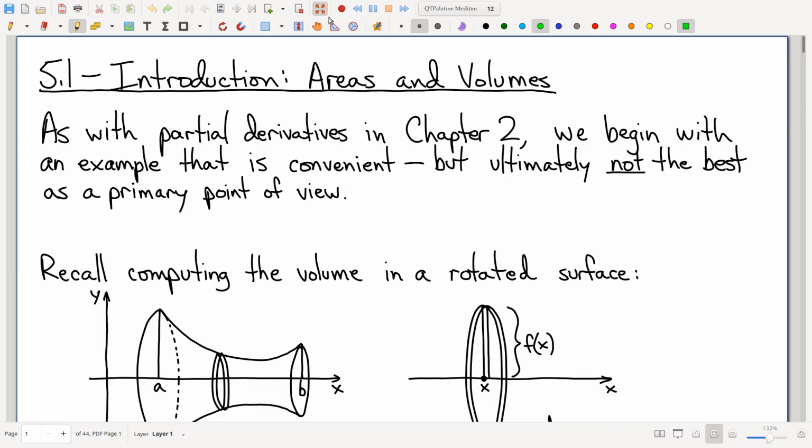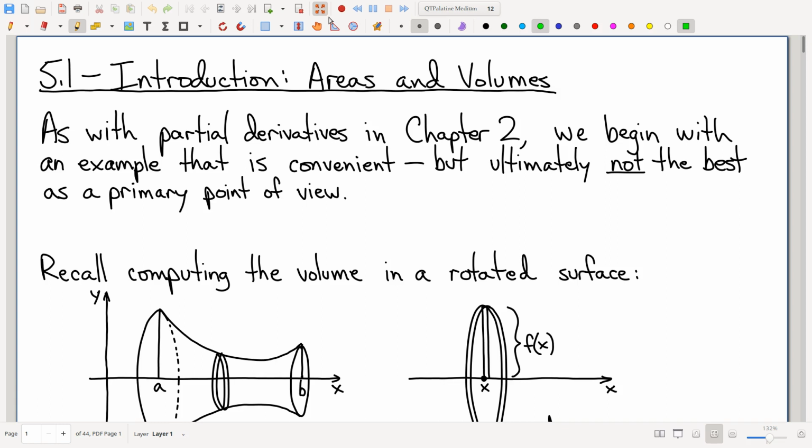So the same kind of thing is going to happen here. I'm going to start off with a tool that will be computationally useful, something we will need. This is not a waste of time, just like partial derivatives. But it is ultimately not the best primary point of view on what we're really going to be doing.